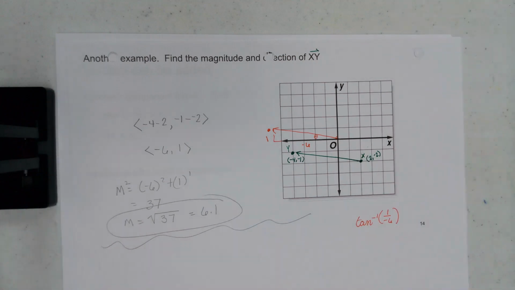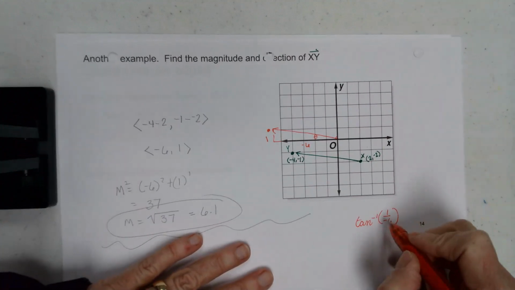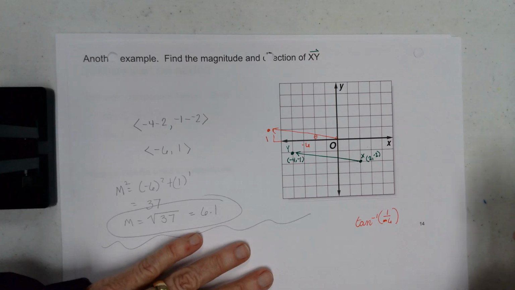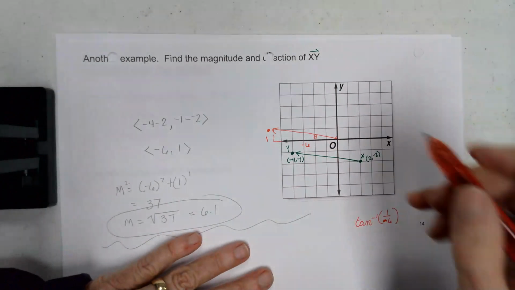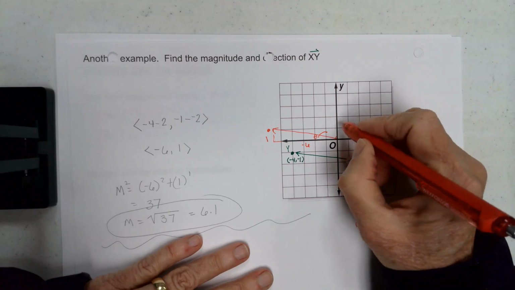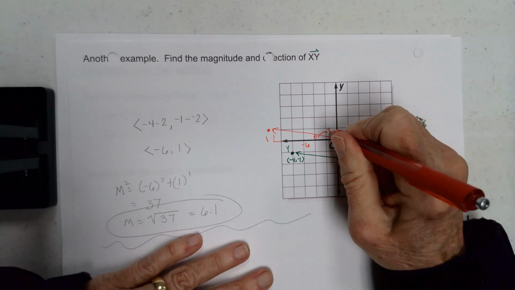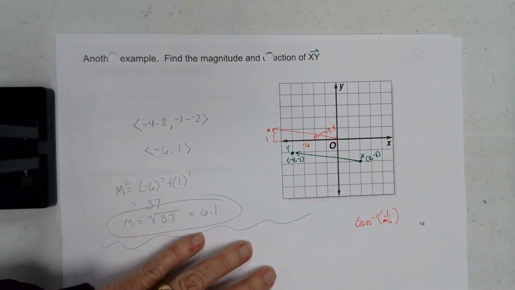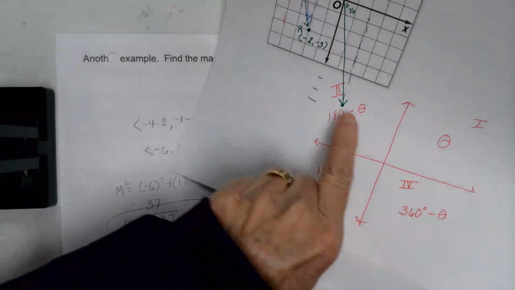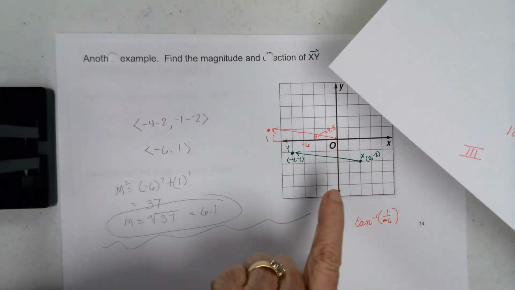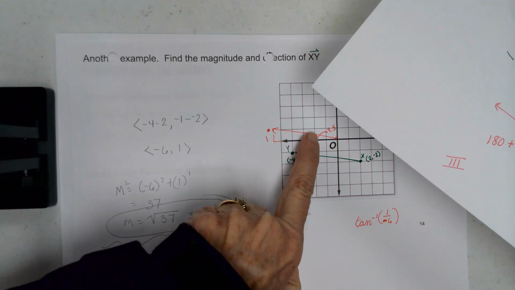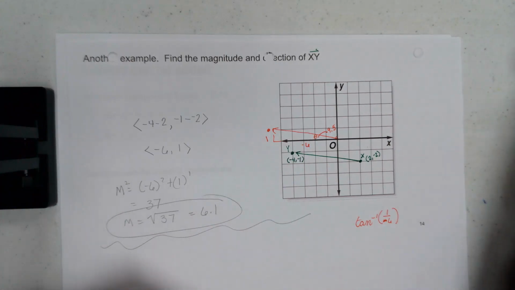Let's do it positive because I think that'll be the easiest way. Don't worry about the positives and negatives. We'll keep them all positive. So I'm going to get an answer here that angle theta is 9.5. Now, if you go back to your cheat sheet here, if it's in the second quadrant, which it is, I'm going to take 180 minus my 9.5.